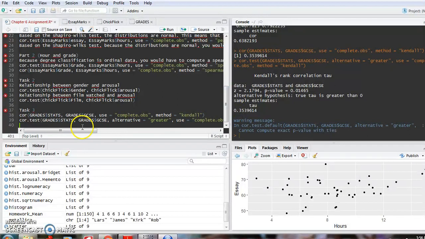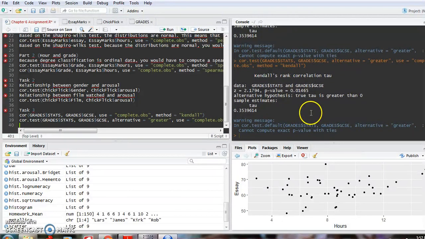For this test, we run a one-tailed test, given that the student is thinking there is a positive relationship between stats grades and GCSE grades.